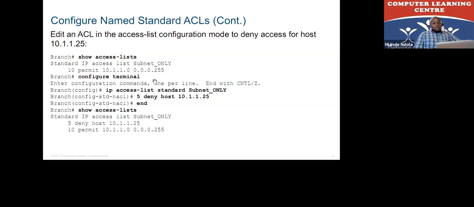So in this case, you can use the sequence number. You see this one was sequence number 10. So for this other one, when you're creating it, you put sequence number 5. Now you have specified which position you want it to be, and when you say show access list, it's on top of the permit statement.